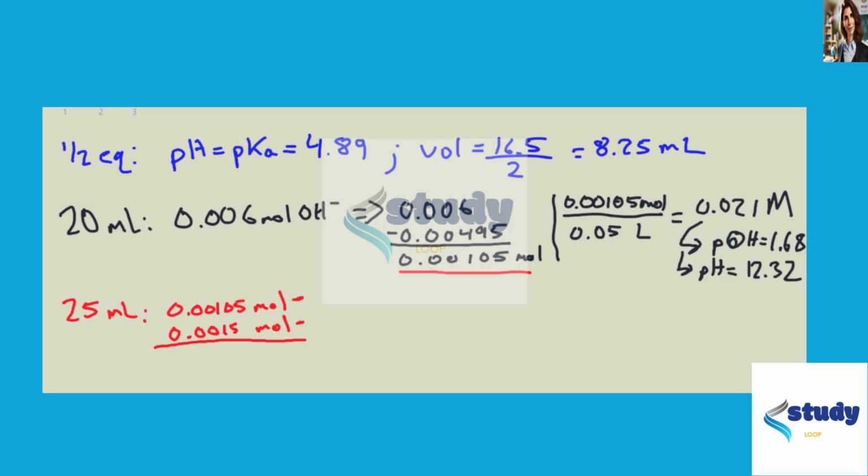So when we add these up, we get 0.00255 moles of excess base, excess hydroxide.